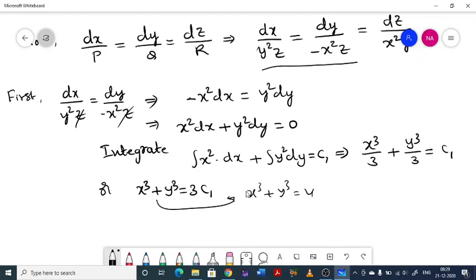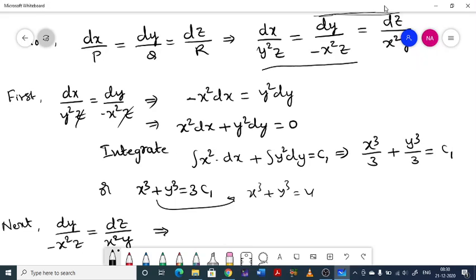Next, let us consider the second and third one. This dy by minus x square z equal to dz by x square y.